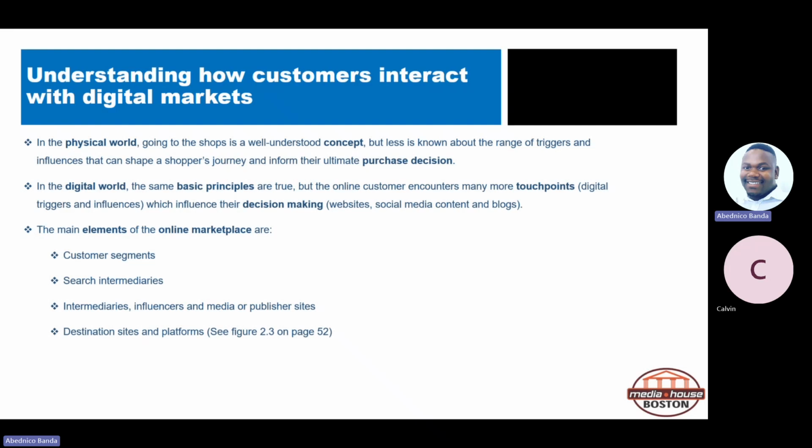Nowadays, you can just use AI models. You've got intermediaries, influencers, you've got celebrities, and so forth. Then you also have aggregators or destination sites that also help customers online. You know, customers are able to compare prices.